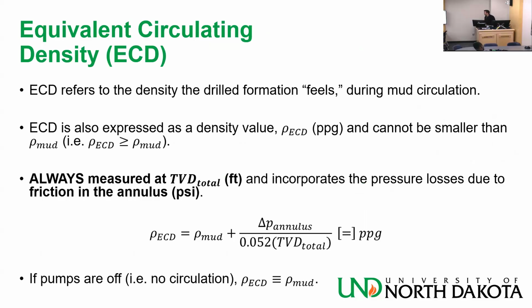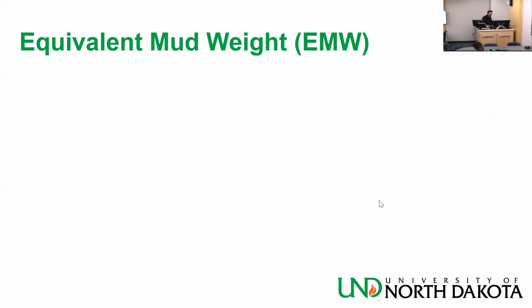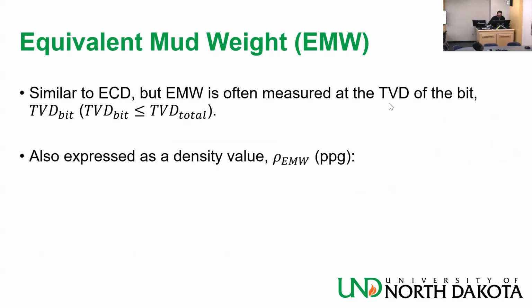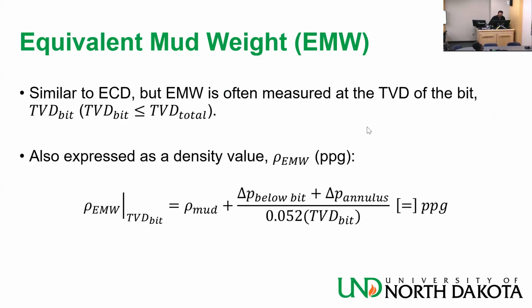If the pumps are off, I have no circulation, and we said ECD is mud weight, static mud weight. Now, equivalent mud weight, EMW, is similar to ECD, but often measured at the TVD of the bit. But you can measure it everywhere in the hydraulic loop.